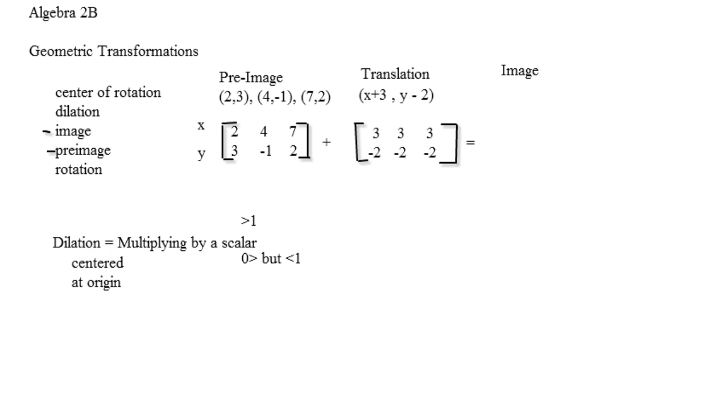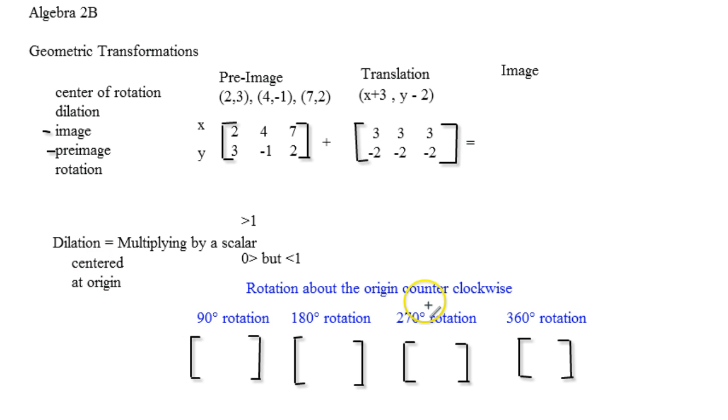You just have to be careful when working with dilation, but it is very simple to work with. Now we're going to talk about rotations about the origin, and when we talk about rotations, we're talking about counterclockwise. For a 90-degree rotation about the origin, you're going to multiply by this matrix, and obviously you're just going to have to deal with 2 points at a time: 0, negative 1, 1, 0.